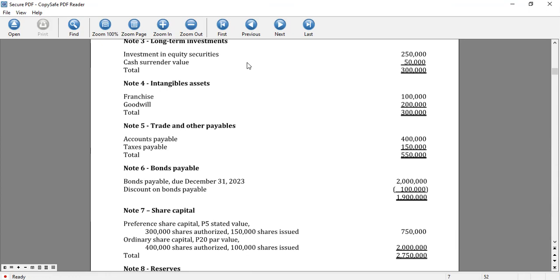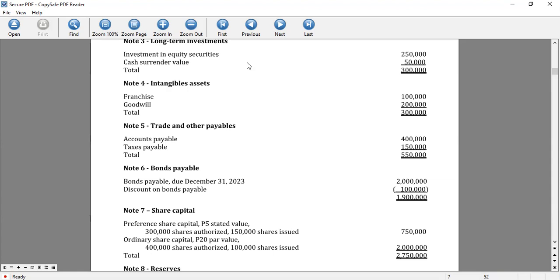Now, given in the first part, issued 150,000 multiplied by 5. The ordinary share capital, the par value is 20. Issued is 100,000 shares, 30 per share. So, ordinary share capital with a 20 peso par value issued 100,000 shares, you get 2 million.